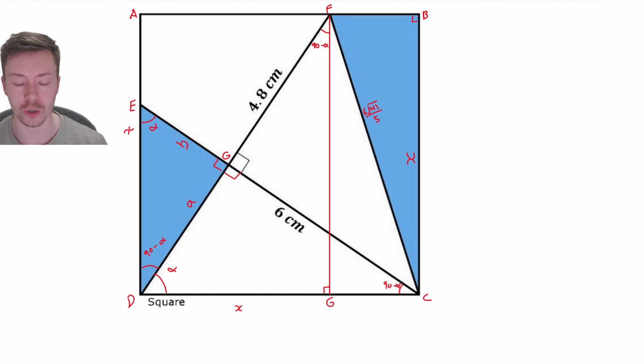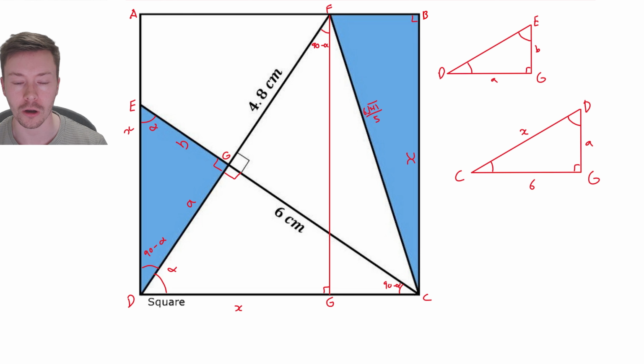They are similar triangles. So if I bring those outside, and obviously I've rotated them and made them the same orientation here, and reflected them as necessary, they are similar triangles. We know that because the angles are the same, and I've labelled them accordingly.